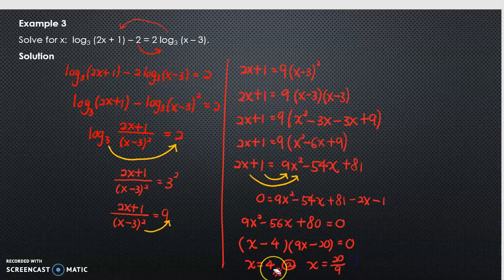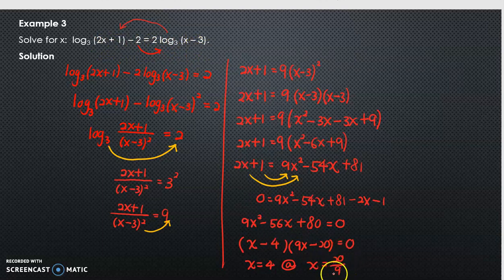For log, you need to be careful, because after we get the value, we need to substitute into x, because the log argument must be positive. Let's say I substitute 4: 4 times 2, 8 plus 1, 9. Log 9 is okay. And here is 4 minus 3, log 1, so okay.